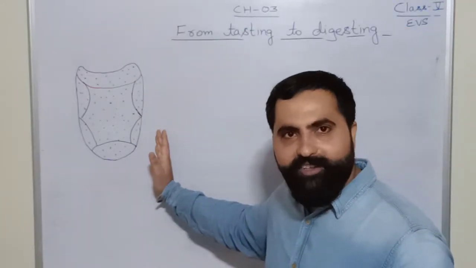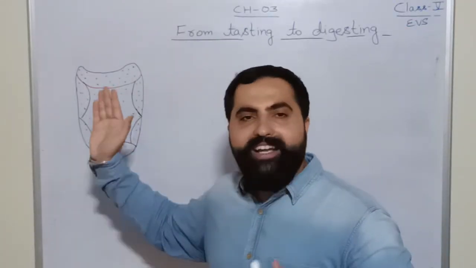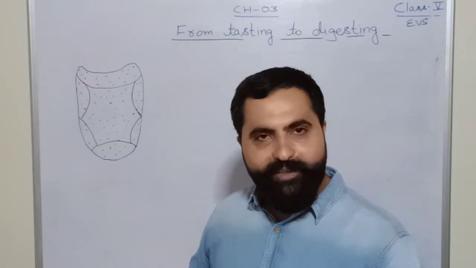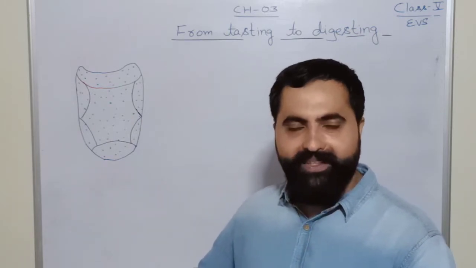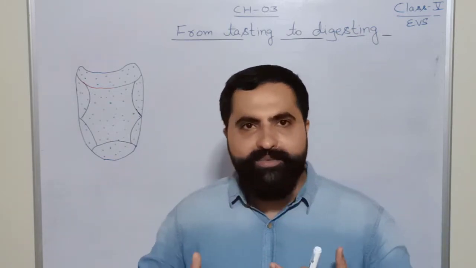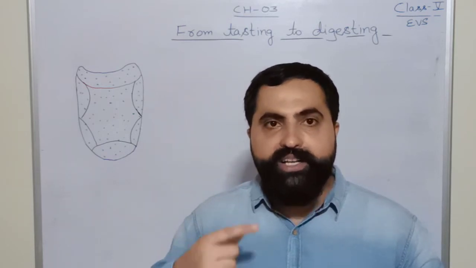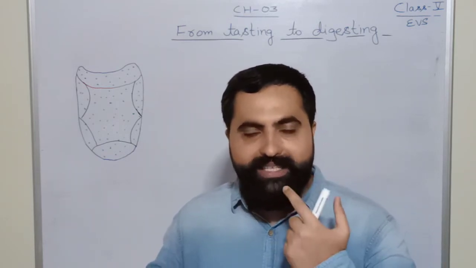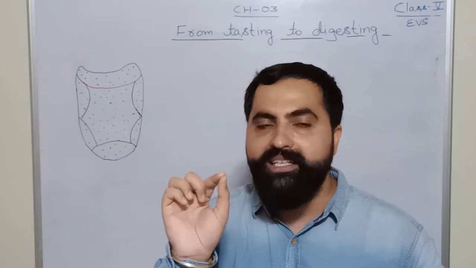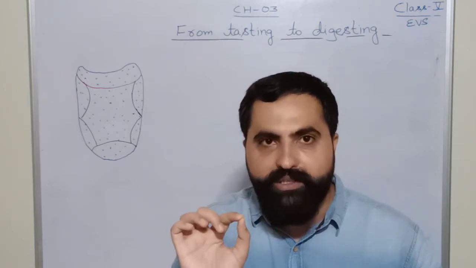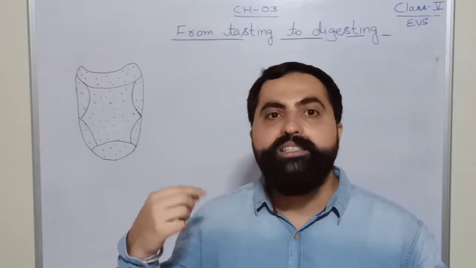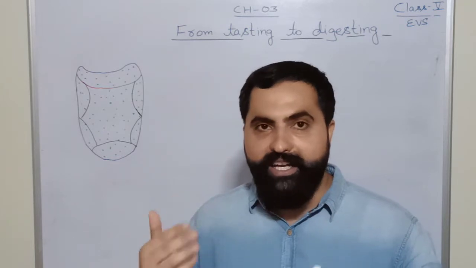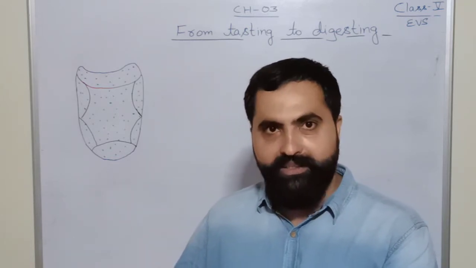You can see the picture of the tongue. The tongue identifies the different tastes of different food items. There are tiny bumps on the tongue. You can see these small tiny bumps, they are called taste buds. They taste the item and tell the tongue that taste.